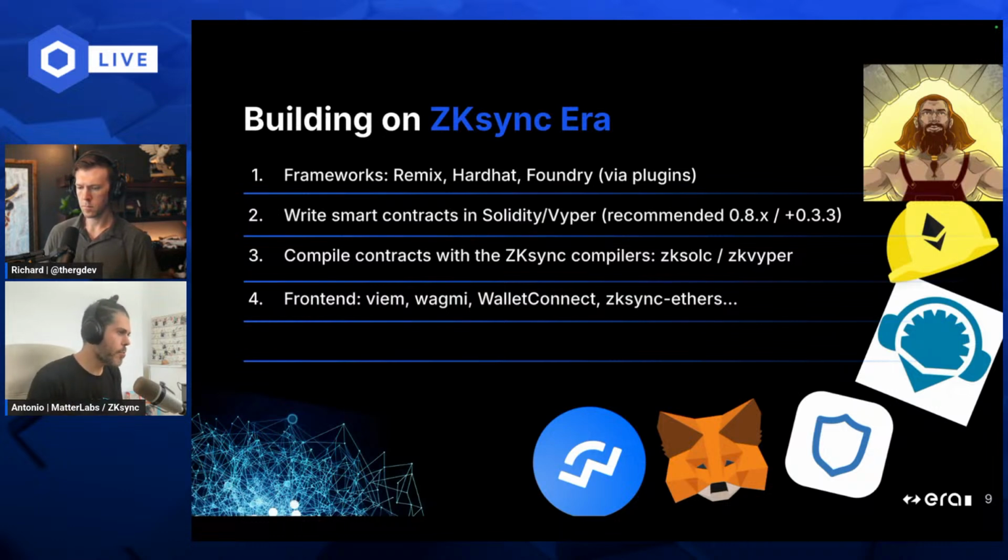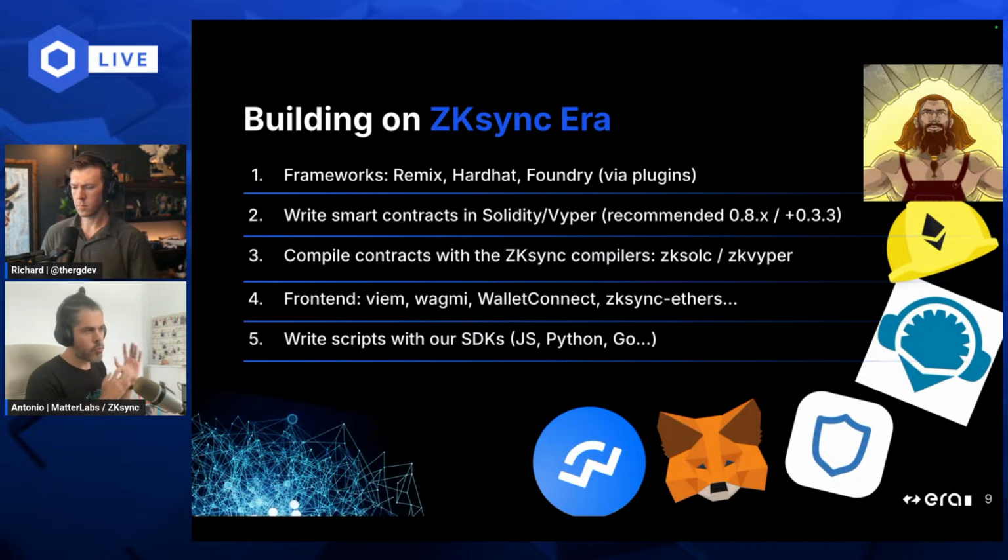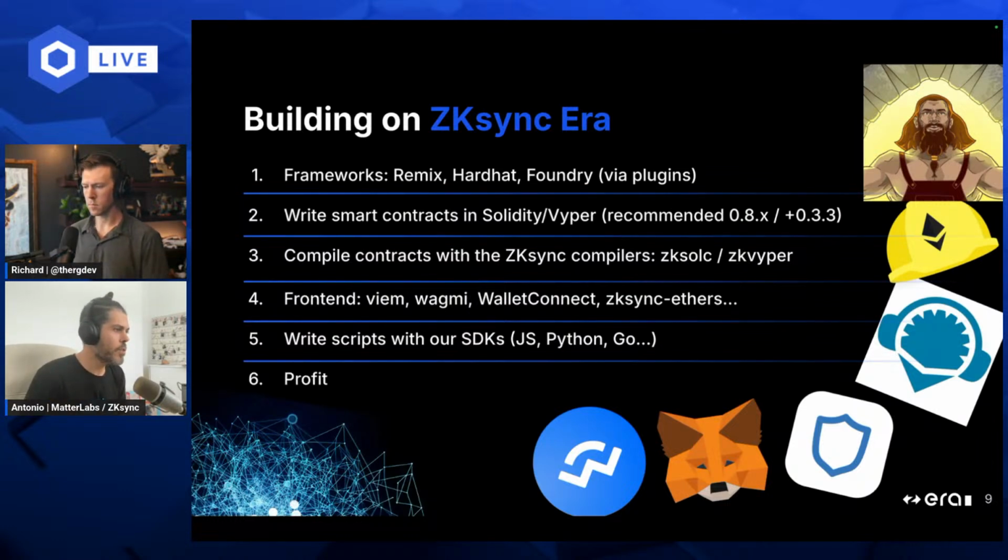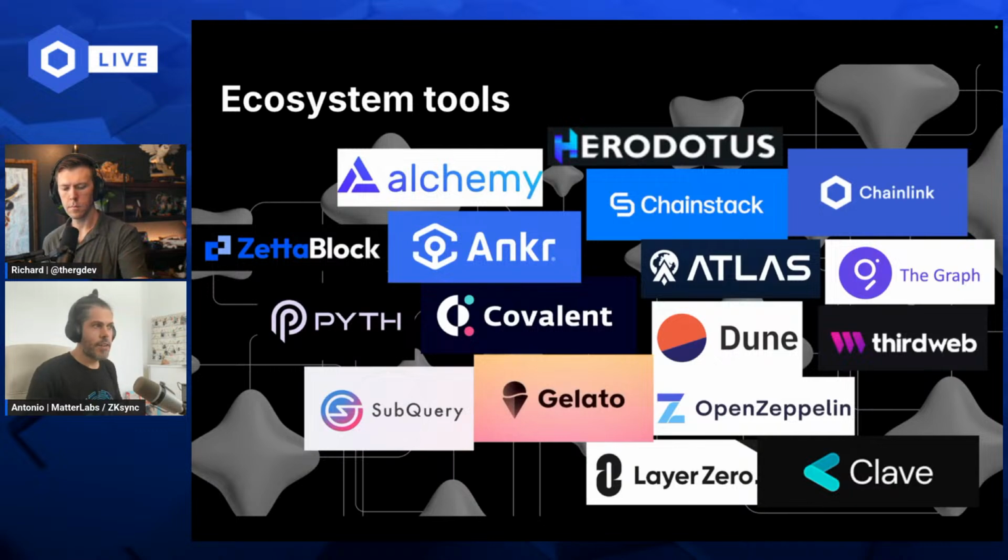So again, same libraries, everything works out of the box. If you want to write other scripts because you need to interact with the blockchain for anything else, we have SDKs in Go, Python, Java, Rust. I didn't include all of them, but no matter the language, we've got you covered. And that's it. So it's the same developer experience, but building on ZKsync.